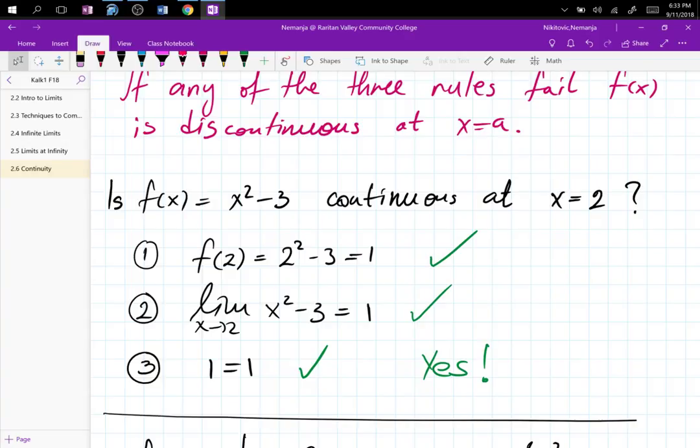One more time, for those of you that missed the experiment, the edge of the desk is discontinuous. As I walk towards the desk from the right, the limit is 0.